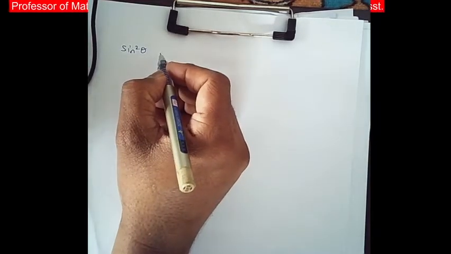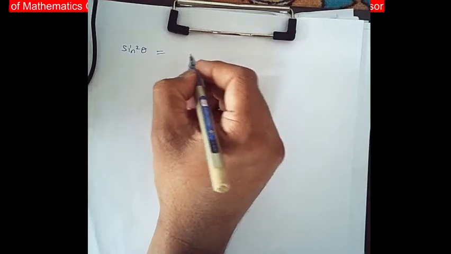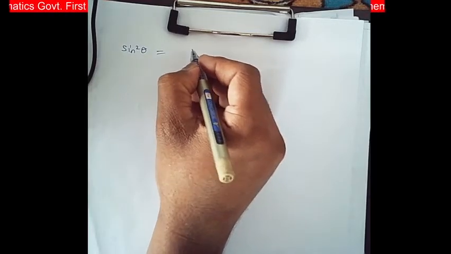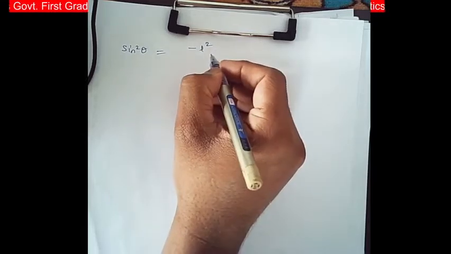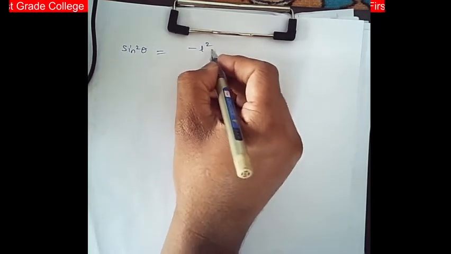sin square theta is equal to, first I will write minus L square. Okay, then I take r common from all the other terms.